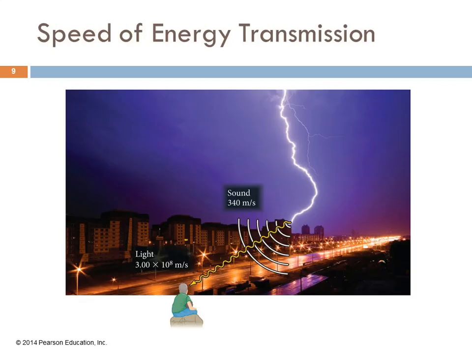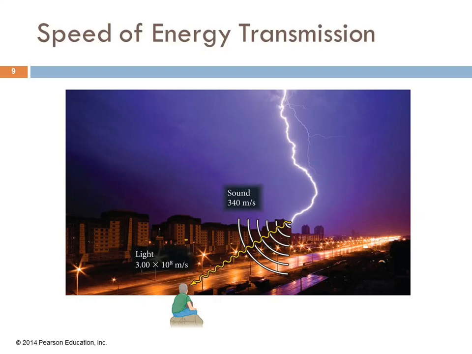This is a picture of lightning striking something. We all, I think, recognize that you see the lightning and then you hear the thunder later. You see the lightning first because the light from that event is moving at the speed of light.